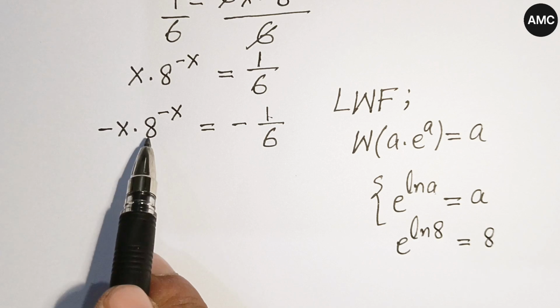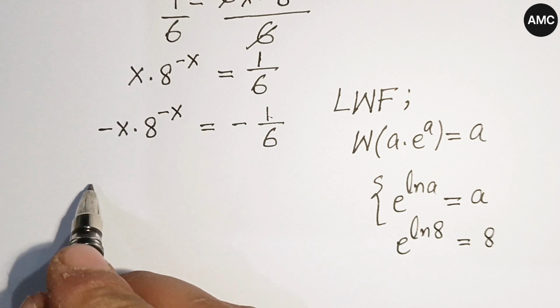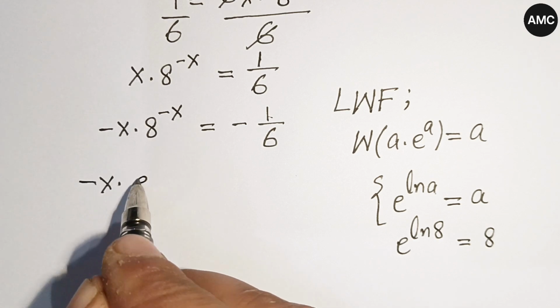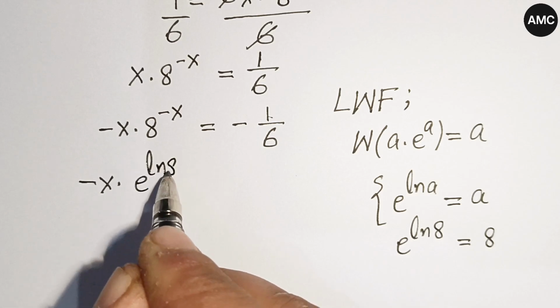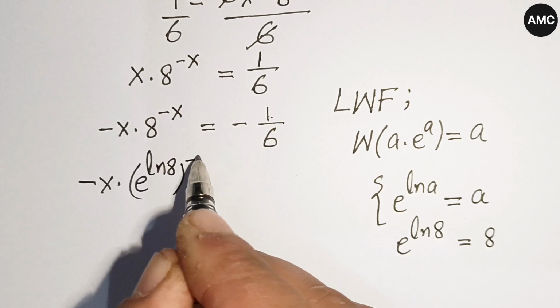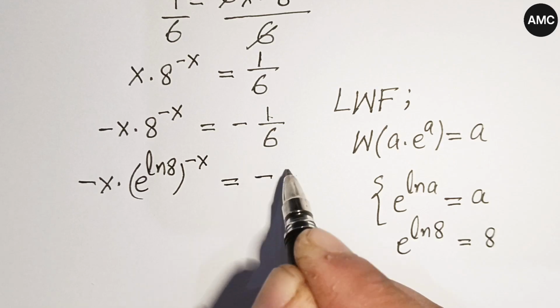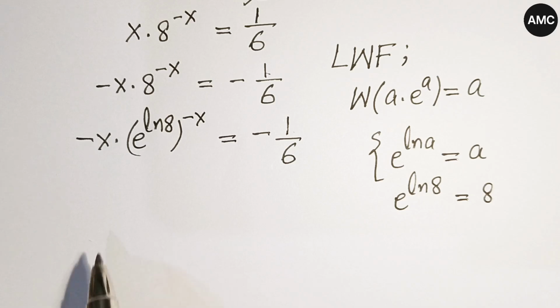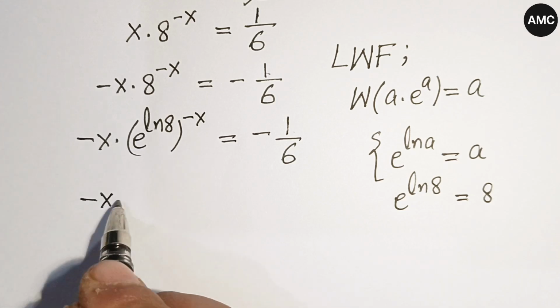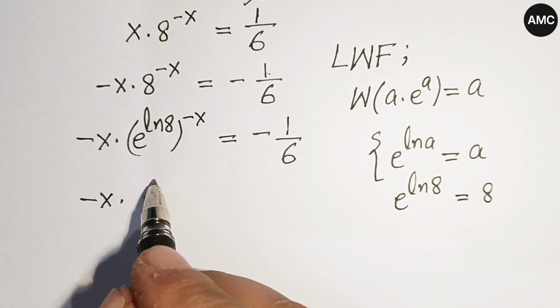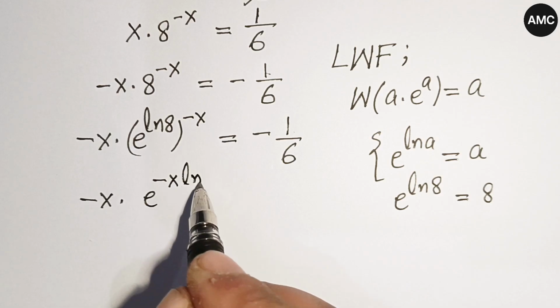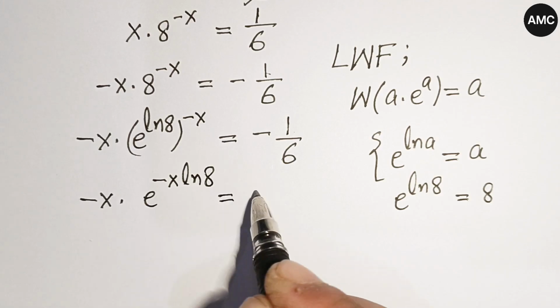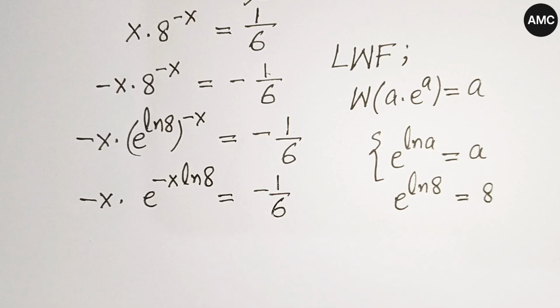So we write a to the power minus x as minus x times e to the power natural log of 8, and the whole to the power minus x, is equal to minus 1 over 6.